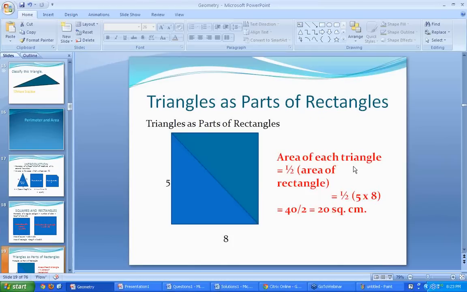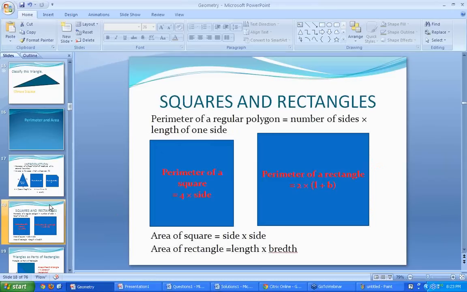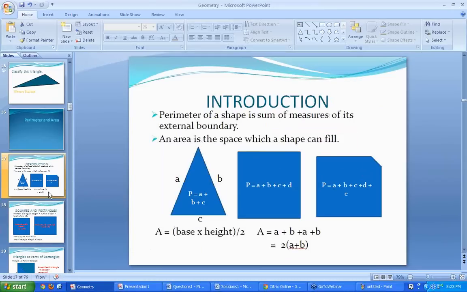Arunima is asking what is the second area. Arunima, I didn't get you. Which figure are you talking about? Is it of the previous slide? In this slide? Or in this slide? Okay, you are asking about the last figure.